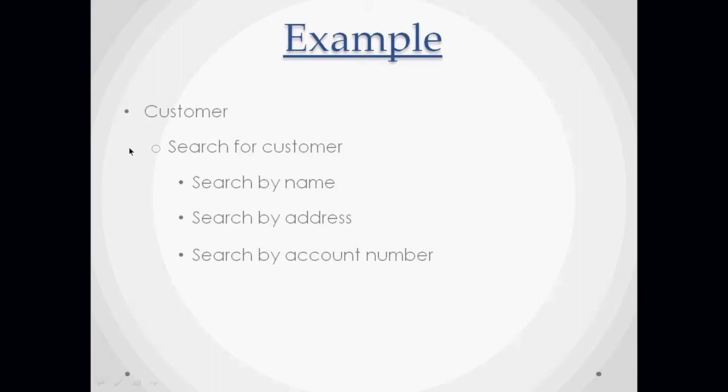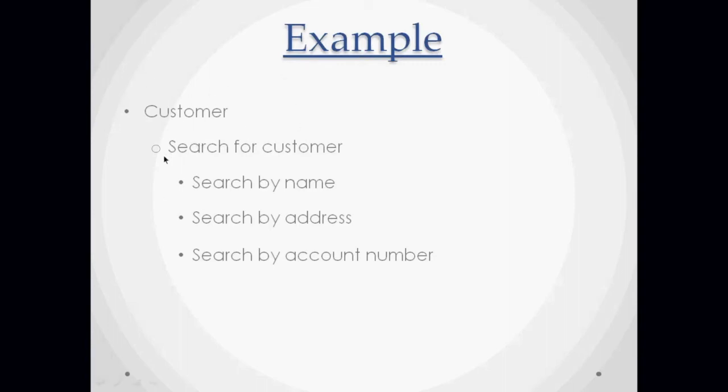So customer could be my theme. Searching functionality could be my epic. I want to be able to search for customer, because I can say as a banking staff, I want to search for customer so that I can have access to their page or easily locate them within 5 seconds. You could have so many reasons for doing that.